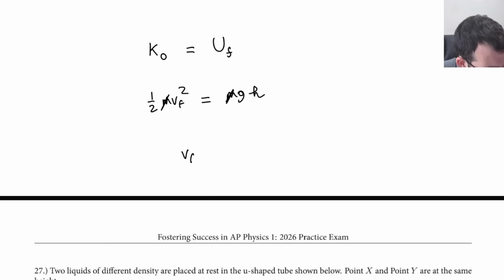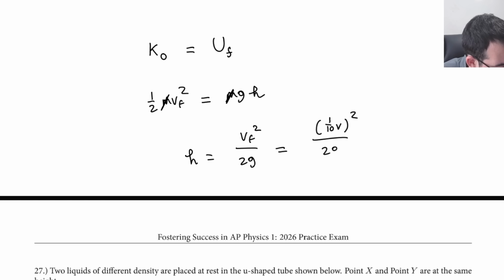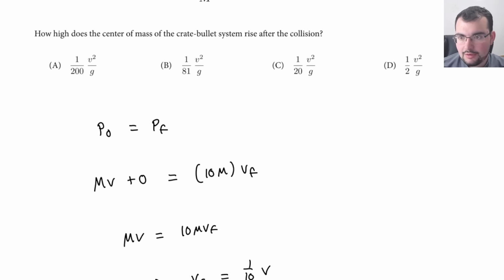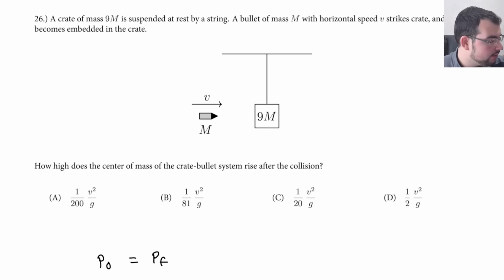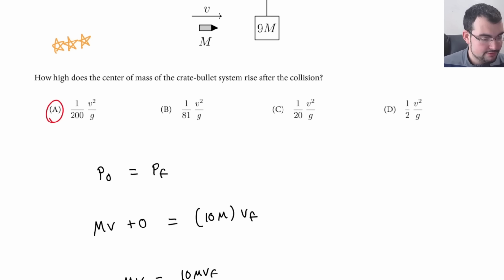We get h equals vf squared over 2g, with vf being 1/10 v. So we get 1 over 200 v squared over g. This is an involved problem, but it's very typical. I do give this 3 stars as a multiple choice because you have to know quite a few things, but I made the numbers work out nice enough.